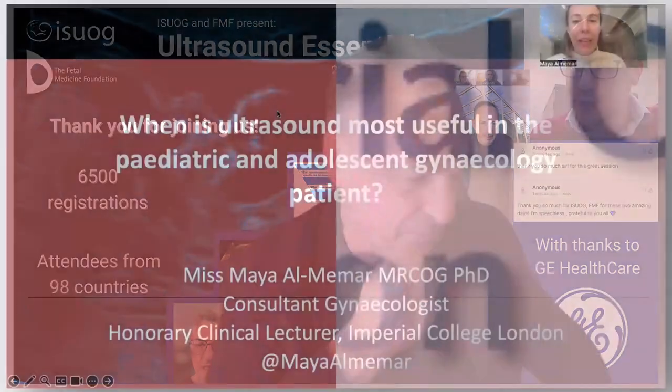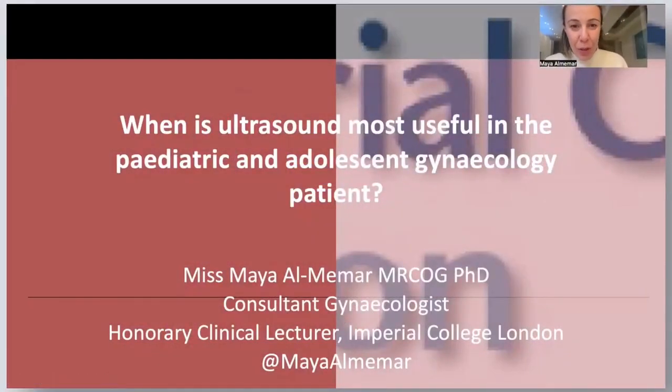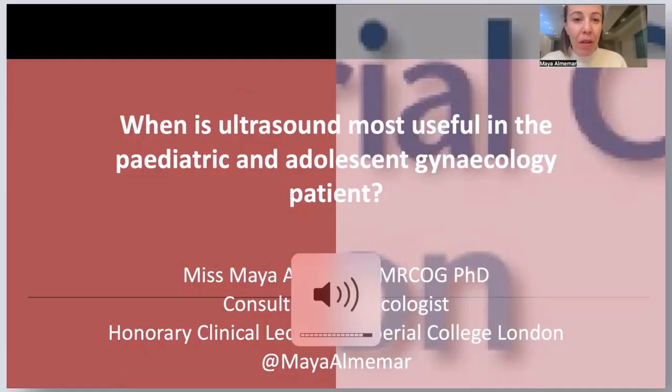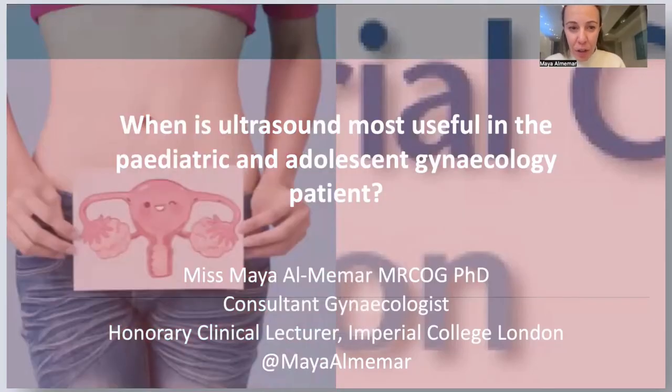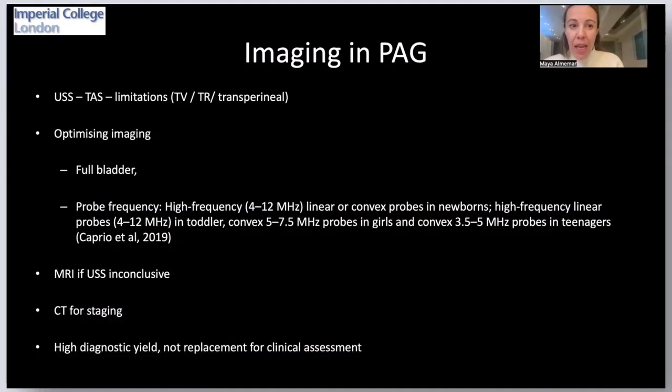Thank you so much for the invitation to speak today about when ultrasound is most useful in the pediatric and adolescent gynecology patient. Imaging in pediatric and adolescent gynecology is really reliant on the use of ultrasound. This is because this imaging modality is easily available and accessible, does not use ionizing radiation, and is easy to perform in young people.